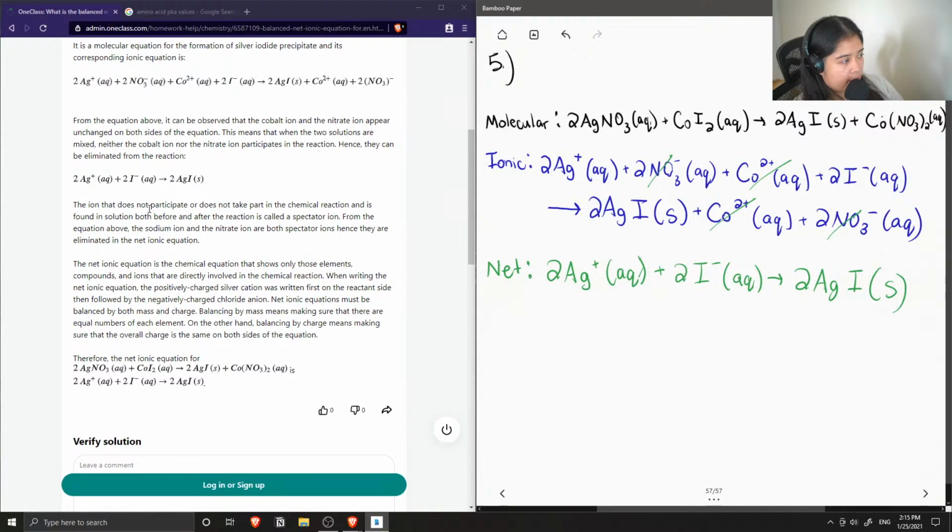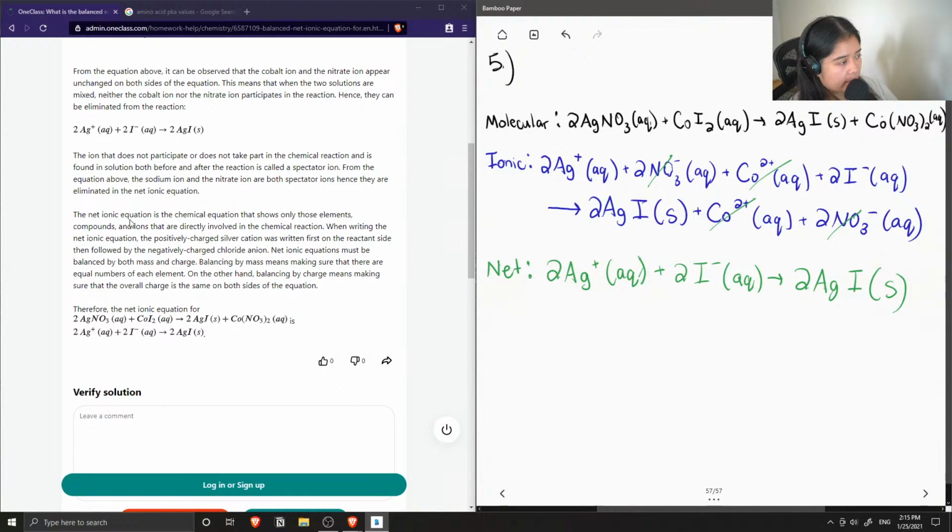The ion that does not take part in the chemical reaction is called a spectator ion. From the equation above, the sodium ion and the nitrate ion are both spectator ions, hence they are eliminated in the net ionic equation. The net ionic equation is the chemical equation that shows only those elements, compounds, and ions that are directly involved in the chemical reaction.